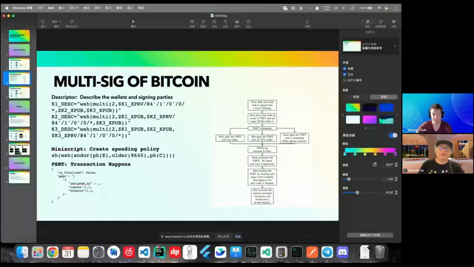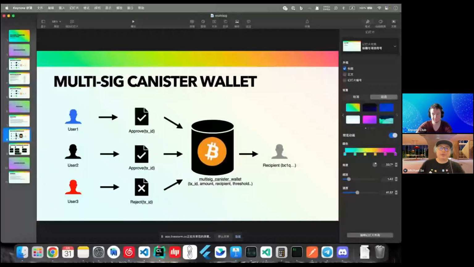Everything can be written in the Canister smart contract wallet, and the logic can be very complex. So that's how we do the multi-sig Canister, and I wish you luck. Let's build something incredible on the IC with Bitcoin. Okay, that's what I wanted to share.